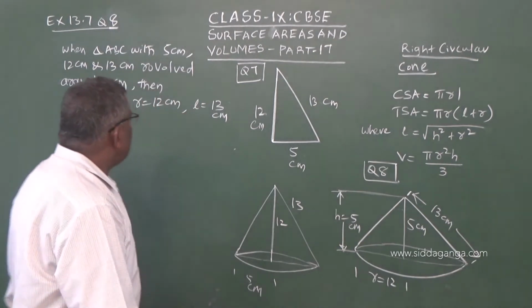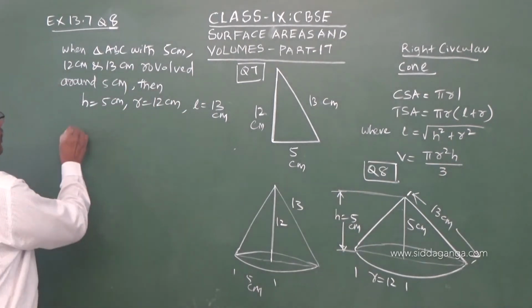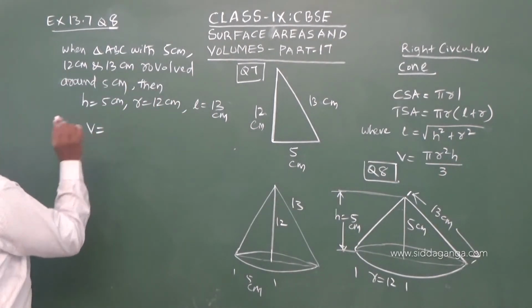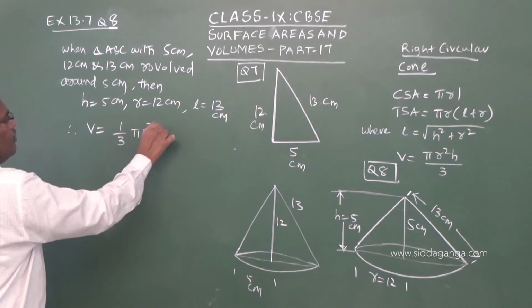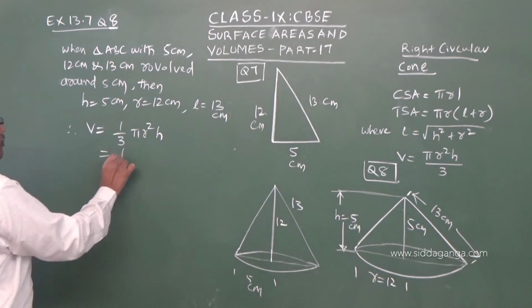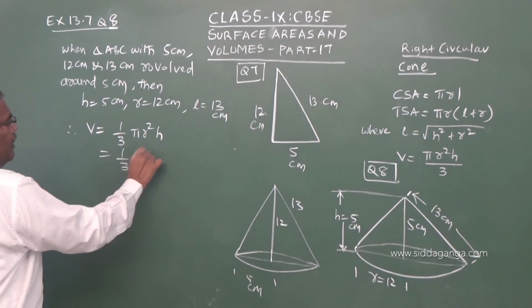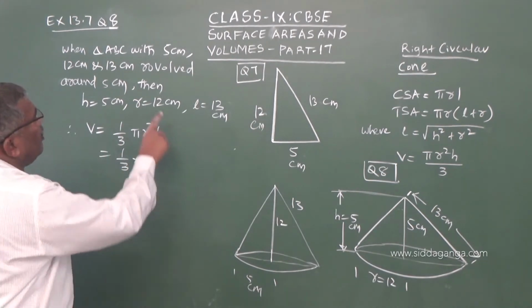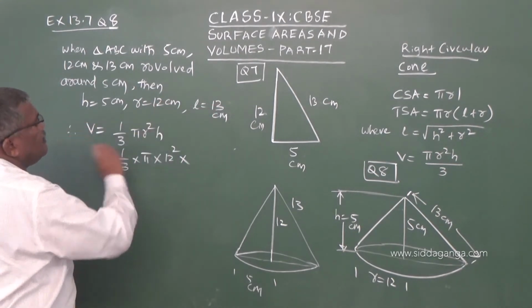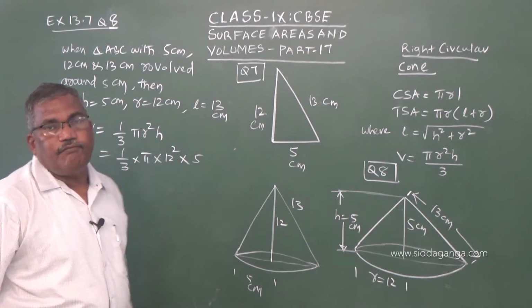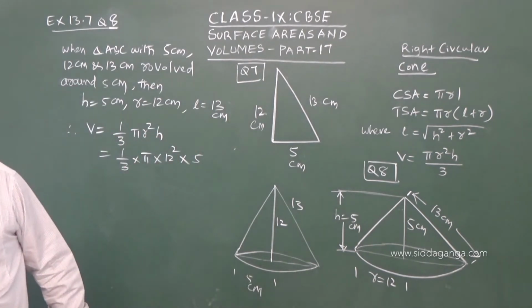In this case volume is 1 by 3 pi r square h. So 1 by 3 into pi into r square, r in this case is 12 square, into h is 5 centimeter. The values vary here.